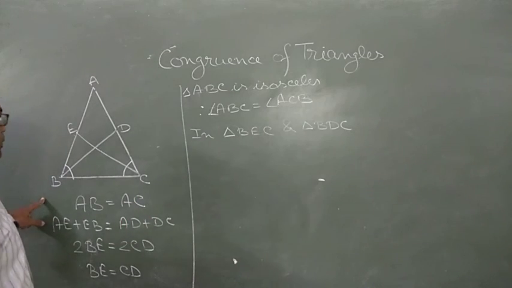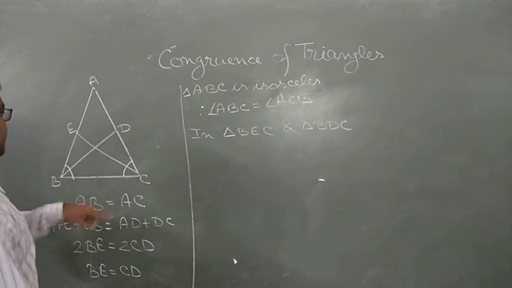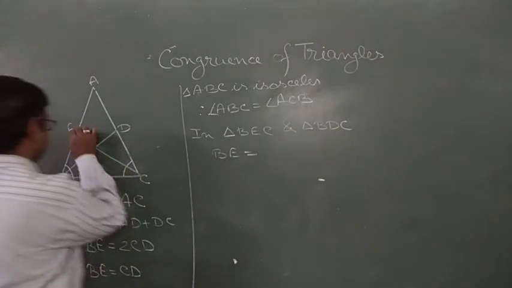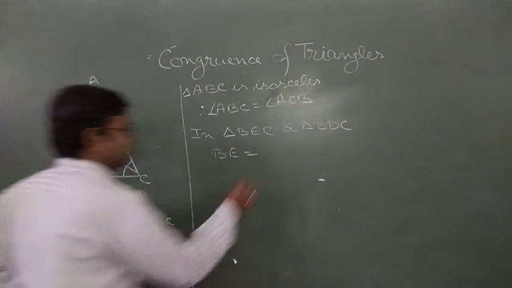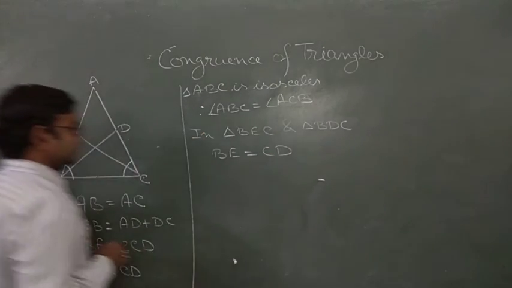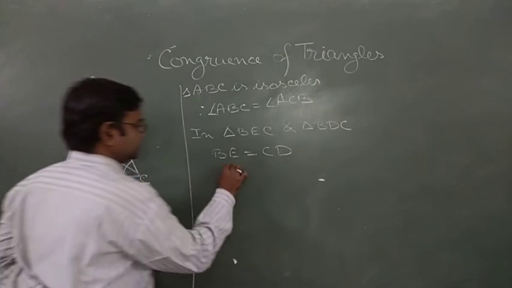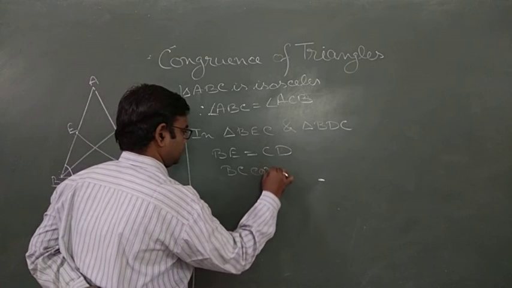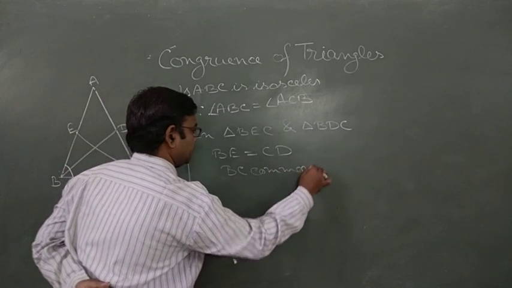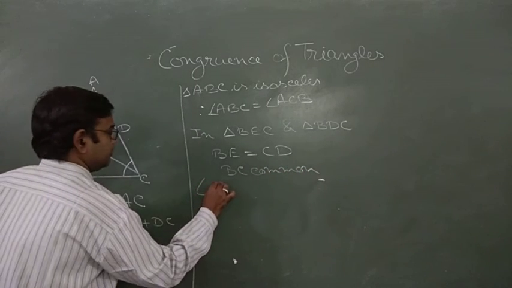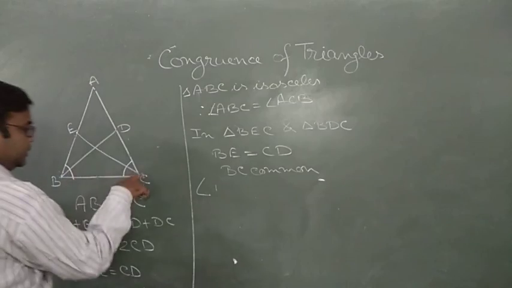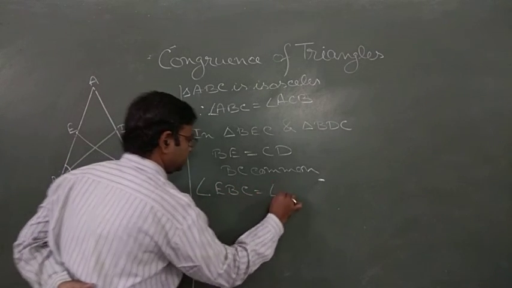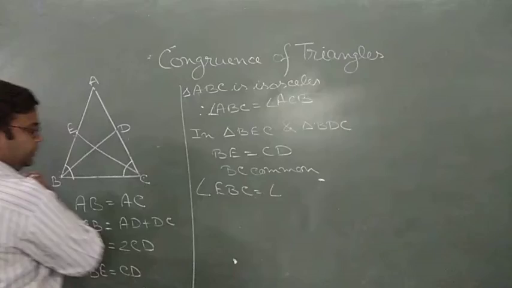Okay, let's start. In BEC, first we know that BE equals CD, as we proved here. BC is common. And angle EBC equals angle ECB.